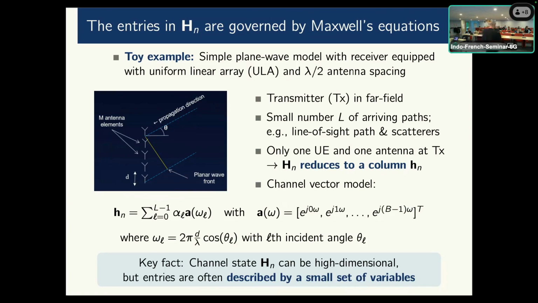And if I have a uniform linear array, as we all know, the array response here will look like a bunch of complex exponentials, like phase shifts, which are due to the incremental delays with which this wavefront is hitting my antennas.